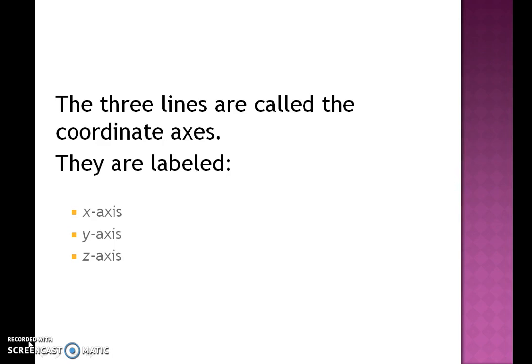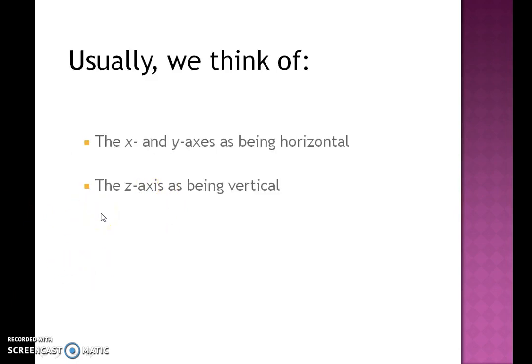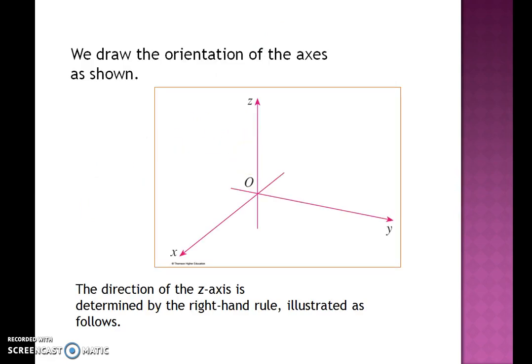The rectangular coordinate system has three axes known as the x-axis, y-axis and z-axis. Usually we think of the x and y axes as horizontal, while the z-axis is vertical.